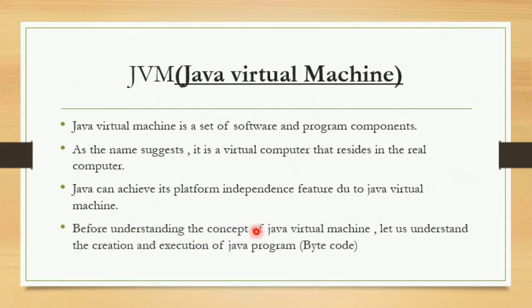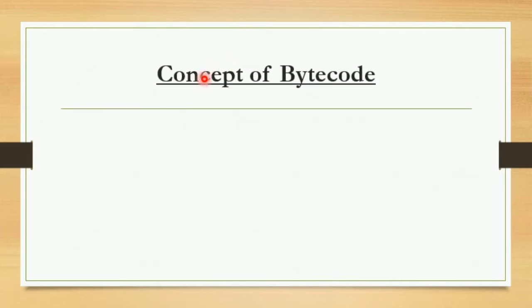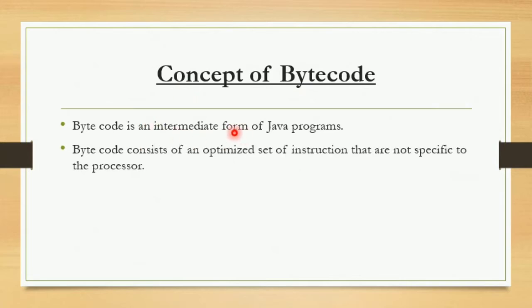Before understanding the concept of Java Virtual Machine, let us understand the creation and execution of a Java program by bytecode guys. The bytecode is a way to understand the JVM and the Java program. So the bytecode is an intermediate form of Java programs.